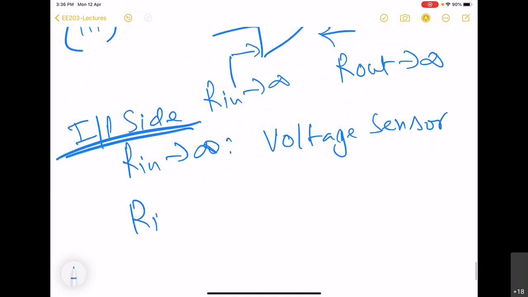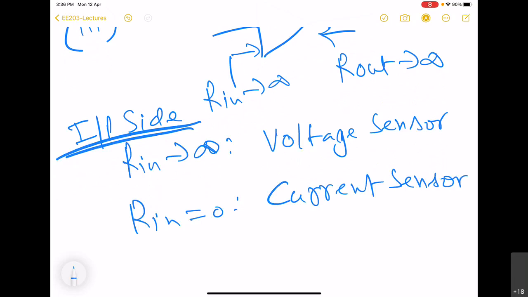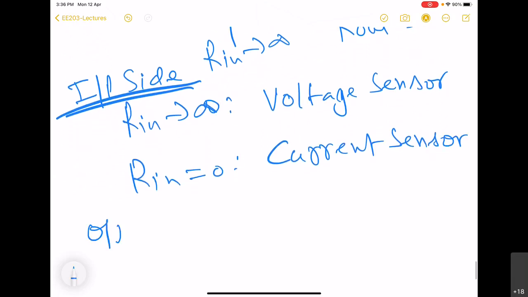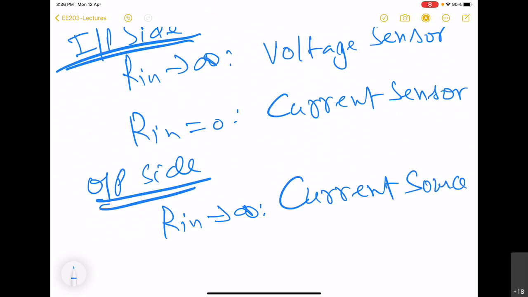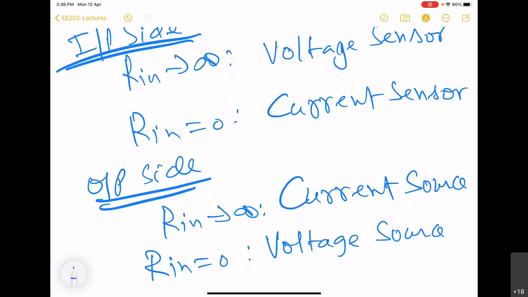However, if you have Rin to be 0, it will sense current. So this is the story of the input side. Similarly, on the output side, if we have Rout to be infinite, it will be modeled as a current source. And if Rout is equal to 0, it will be modeled by a voltage source, right? So we'll keep all these things in mind.